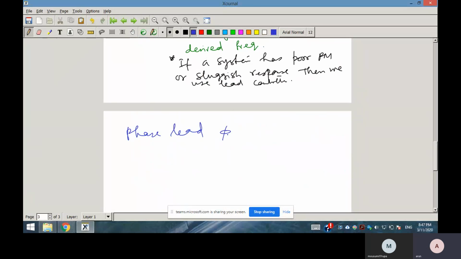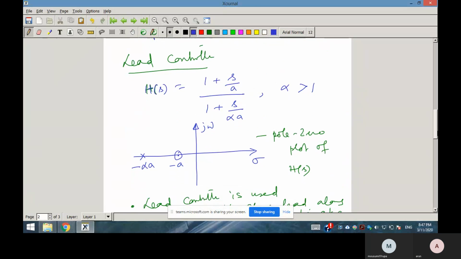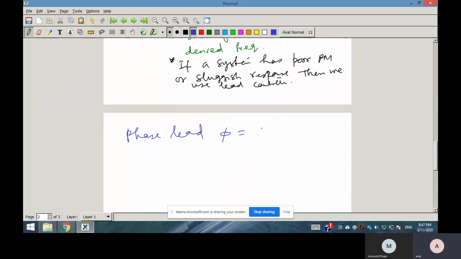What is the phase lead? Phase lead phi, you can easily see from the transfer function, is tan inverse of omega by a minus tan inverse of omega by alpha a. So you can write phi is equal to tan inverse x minus tan inverse y, which is tan inverse of (x minus y) divided by (1 plus xy).